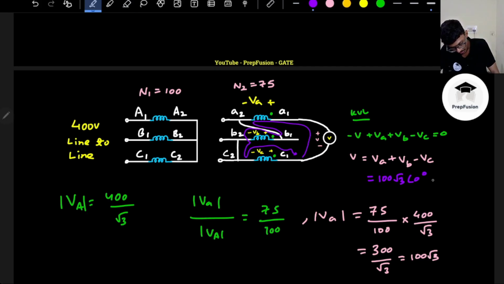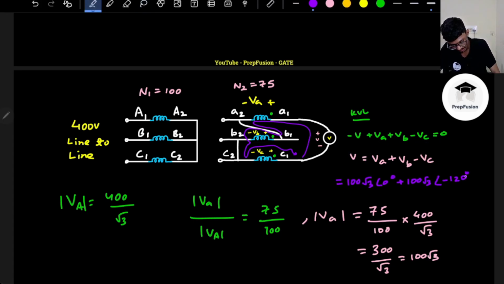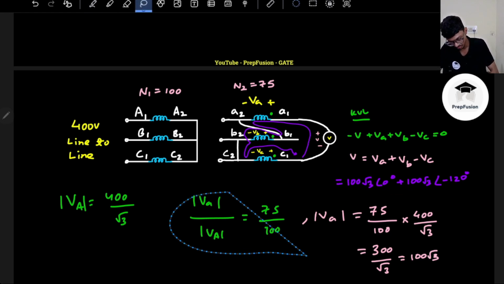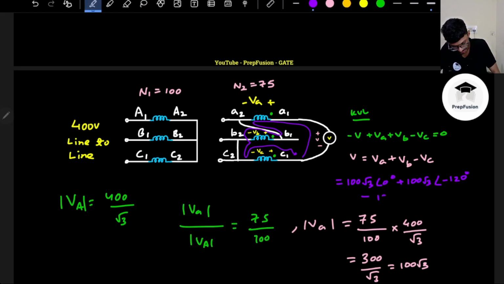This will be plus, the magnitude will be the same, but it will have a phase shift of minus 120. And the subtraction of this value, minus 100 root 3 at plus 120. So what will be the value here? That is what we are trying to identify.